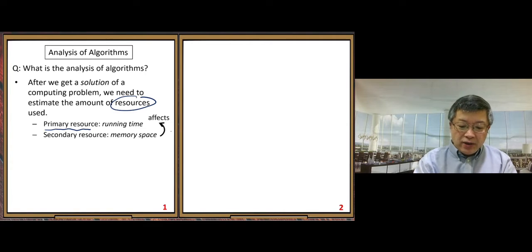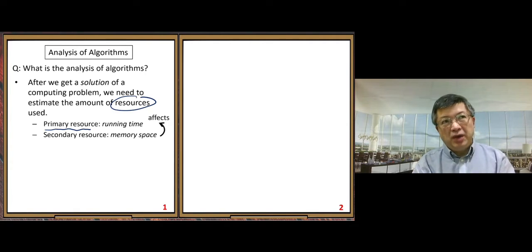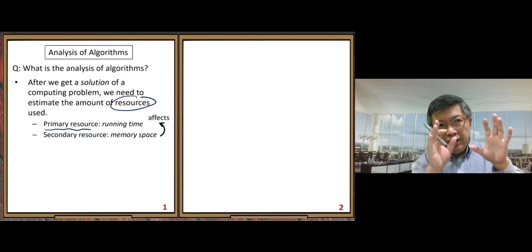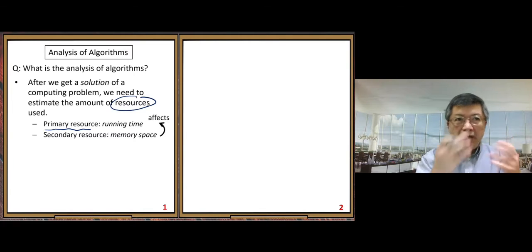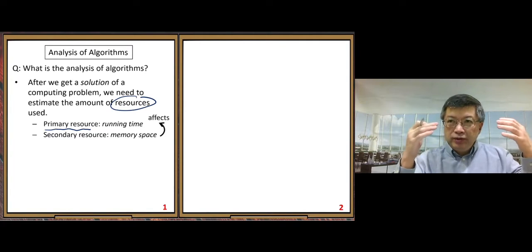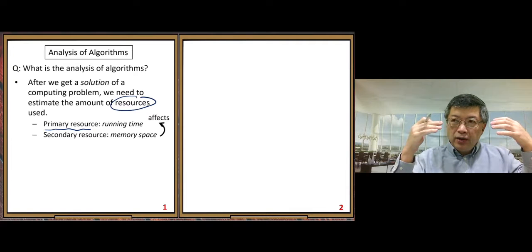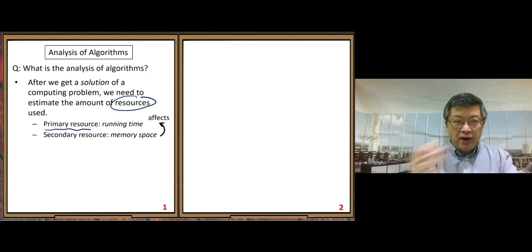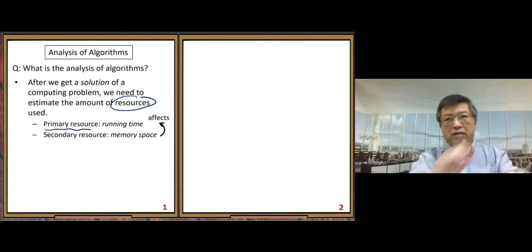But we say secondary resource because it takes effect indirectly. The impact will build up gradually, and eventually make your program run very slowly.